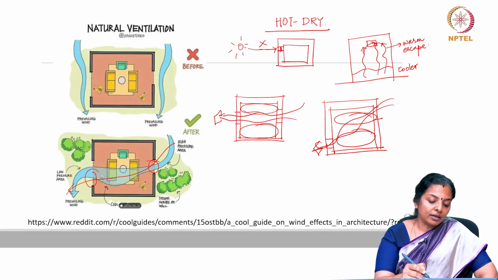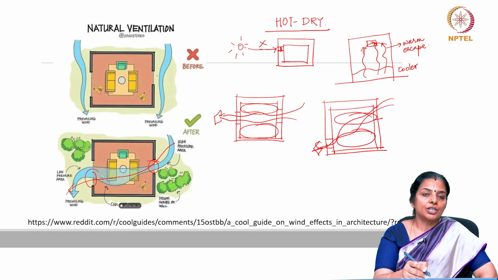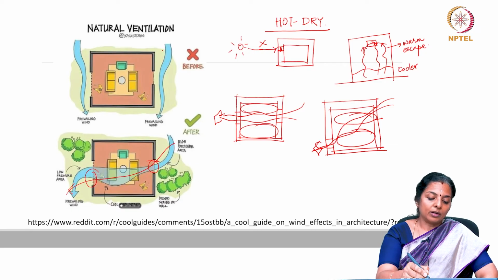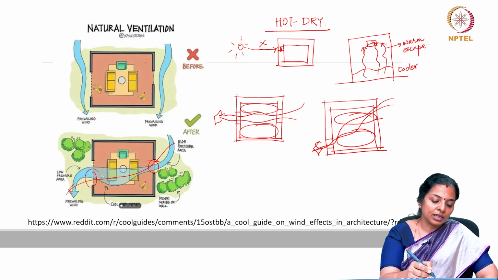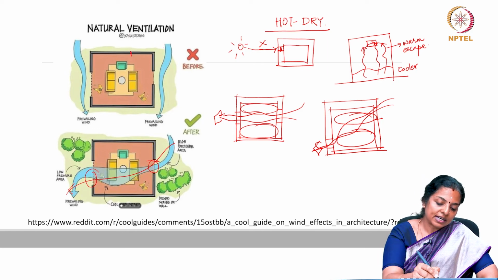When you orient the room, ensure that along the prevailing wind direction, you must have openings. If there were openings here and this is the prevailing wind direction, then this place would have been ventilated.